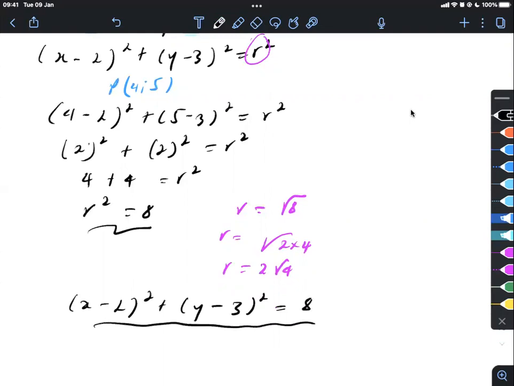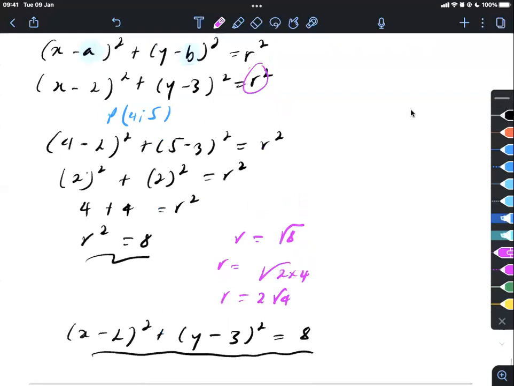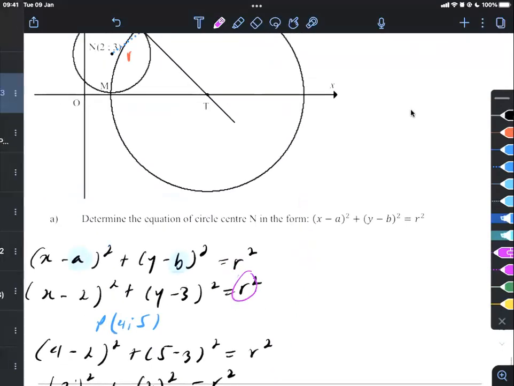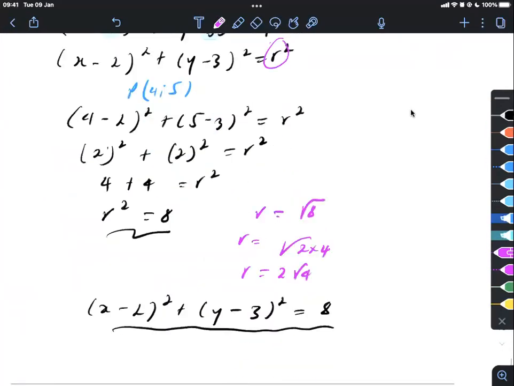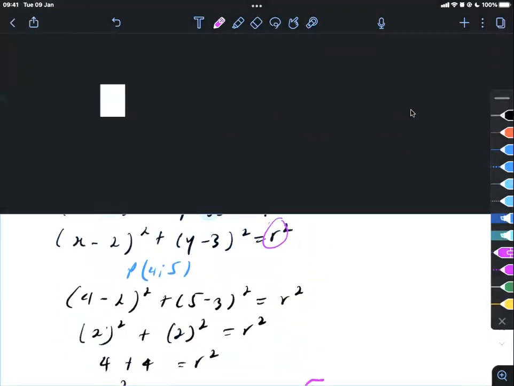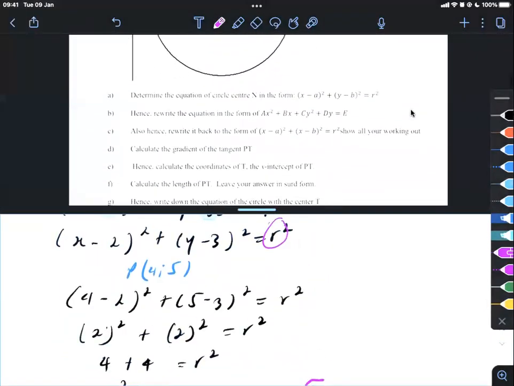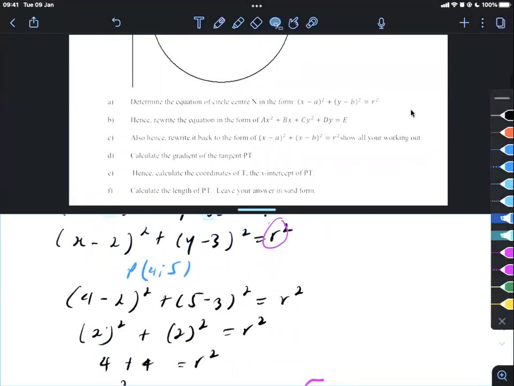So that's the equation of the circle with the center at 2 and 3. Now, I think we're going to, at this point, go to the next question. All right. Let me just highlight that so that we can see what the question requires.